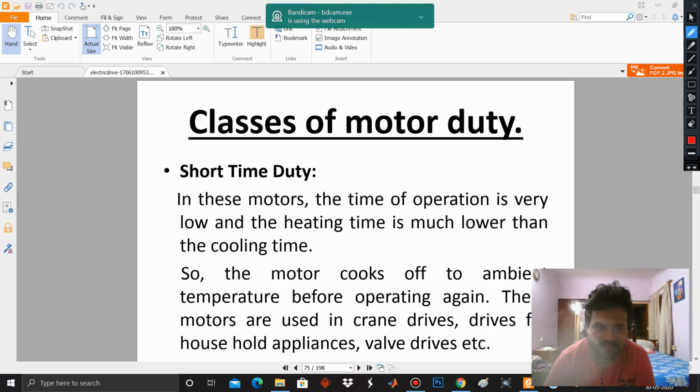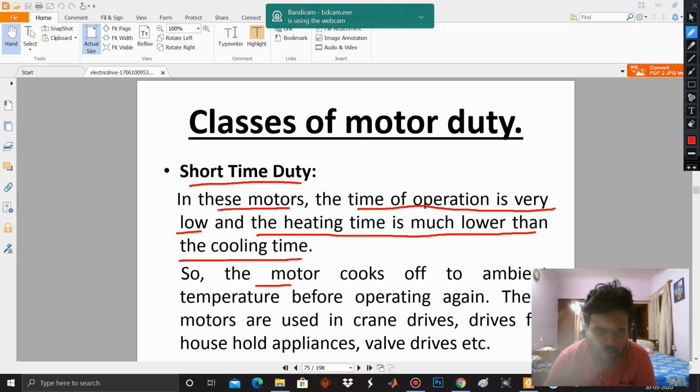So the next part is short time motor duty. In these motors, the time of operation is very low and the heating time is much lower than the cooling time. So the motor cools off to ambient temperature before operating again. That's a very short time duty.